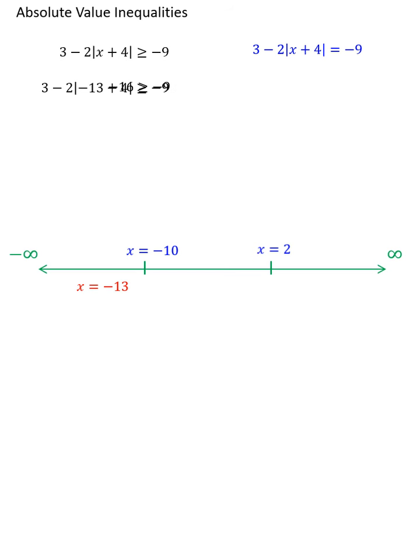This thing turns out to be a false statement. And that means that -13 is not a solution to this inequality. Now, -13 was a somewhat random choice of numbers in that interval, but it tells us more than just that -13 isn't a solution. We now know that there are no solutions to this inequality between -infinity and -10.